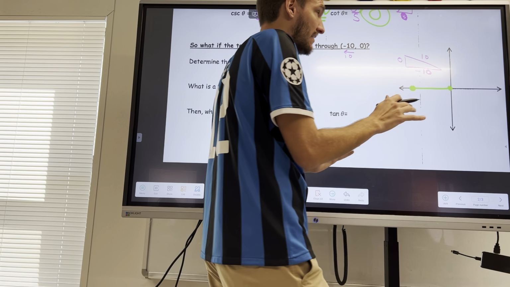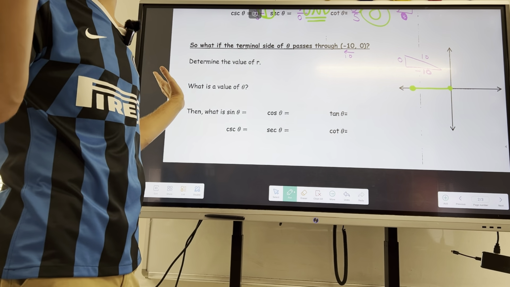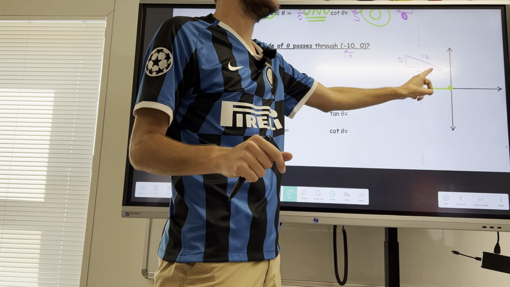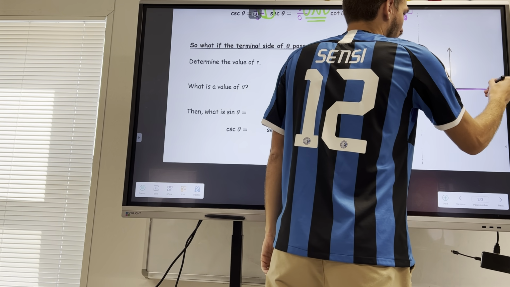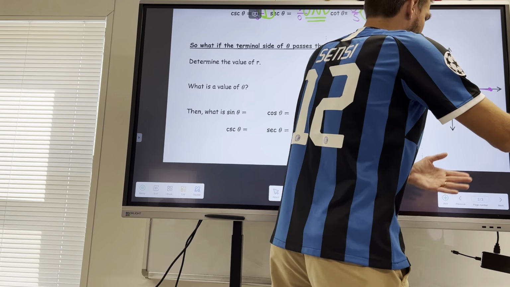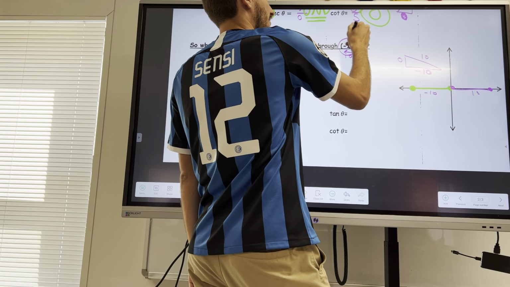The radius is always positive because the radius is how far you are from the middle. But the x value here is negative. If our triangle, which is not a triangle, went this way, it would be positive because we would go in the positive direction. But going this direction, we have gone negative 10. It literally says negative 10.